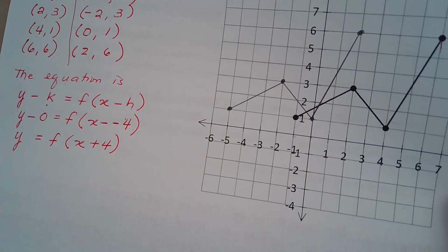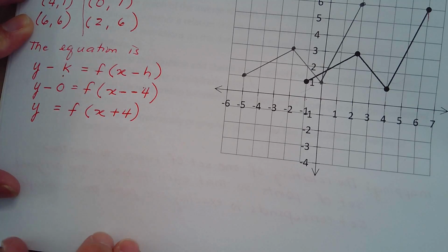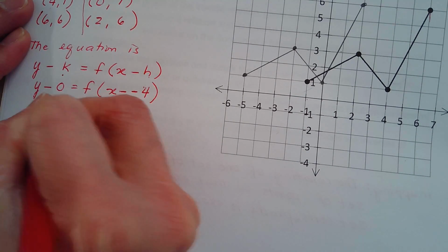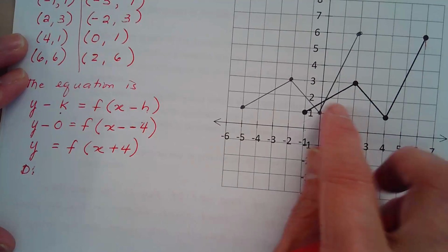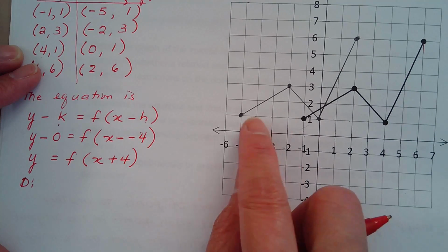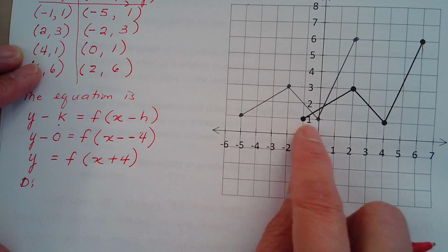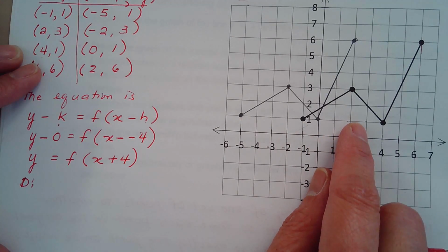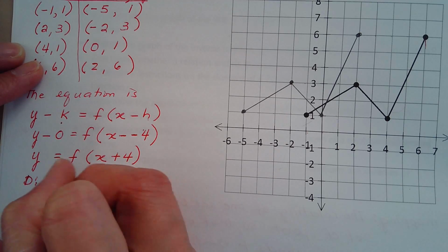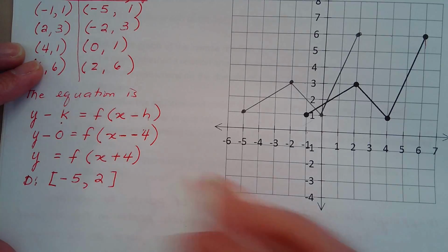Now looking at this one here, what's the domain and range of each function? What's the domain of the new function? -5 up to +2, including, right? So it's going to be square brackets, -5, comma, +2. That's our domain.